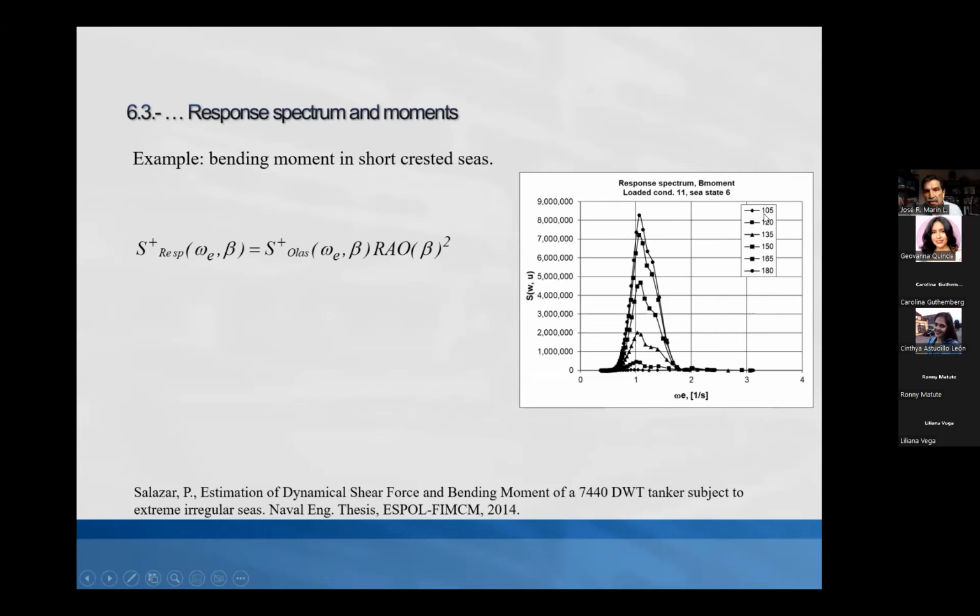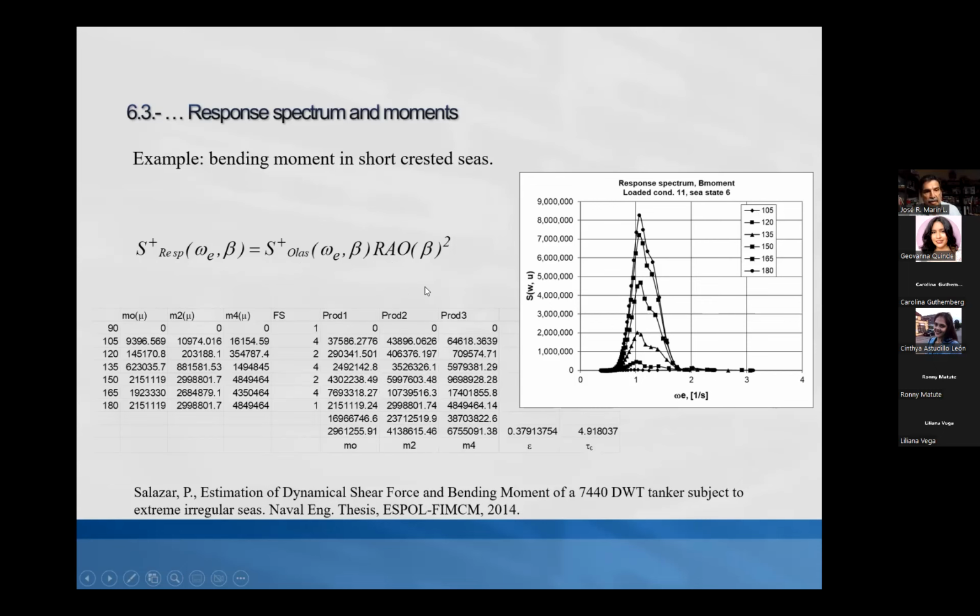Okay, when you receive waves from the side here, basically the bending moment doesn't change much. So this is very small. Okay, and that we could integrate and calculate all of these moments. This is what I'm showing here. So we can calculate M0, M2, and M4. And these are parameters that I'll mention in a second.